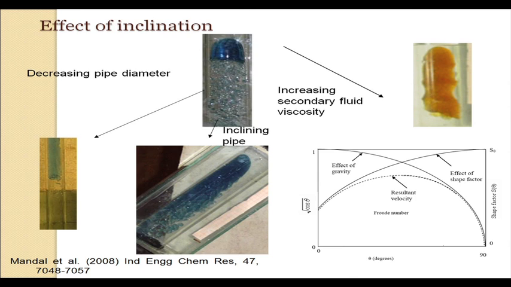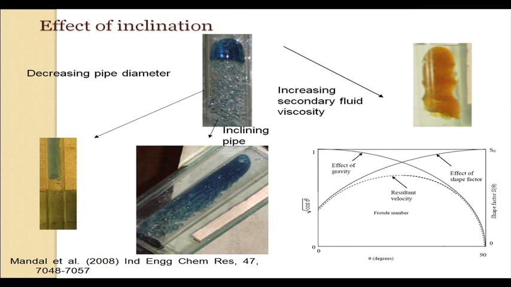So the main, or rather the characterizing feature of liquid Taylor bubbles is, number one, the wake formation. We know that the wake formation increases with the length of the Taylor bubble. The larger the length, the greater is the interfacial shear, so more is the formation of this wake region. Secondly is the diameter.